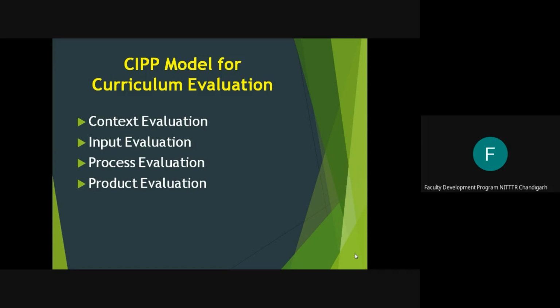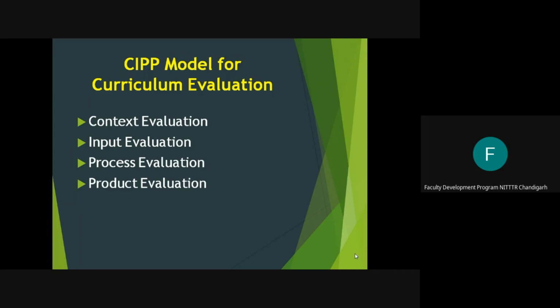We call it the CIPP model. This CIPP model was developed by an educationist, Stufflebeam. So we also call it the Stufflebeam model. And we have 4 parameters. We evaluate the curriculum keeping in mind these 4 parameters.